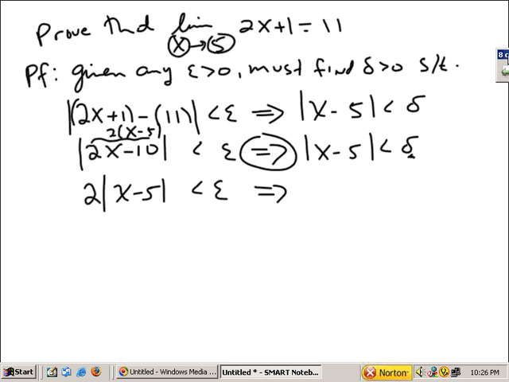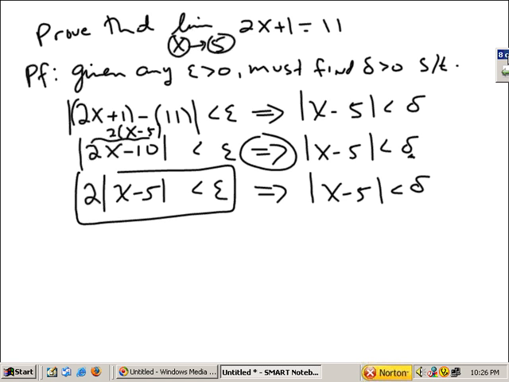We want this to imply that |x minus 5| is less than delta. But this statement is exactly the same as |x minus 5| is less than epsilon over 2. They're equivalent statements, because we divided by a positive number.